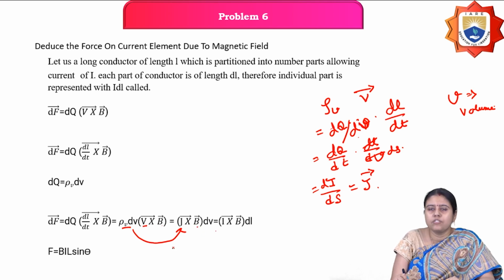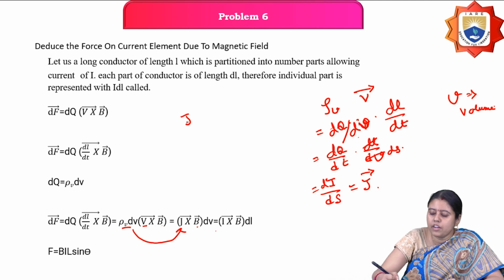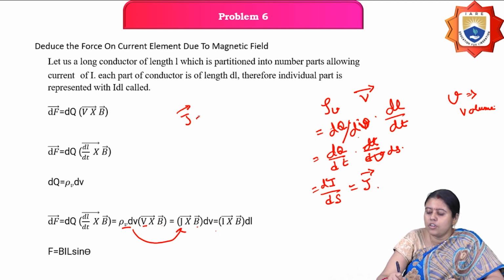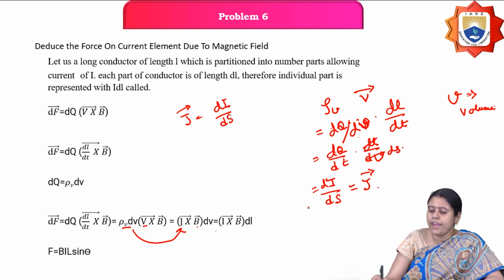Again, what is the meaning of J? J is equal to dI by dS.